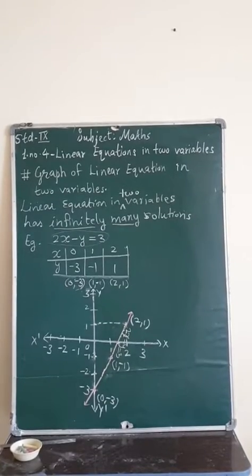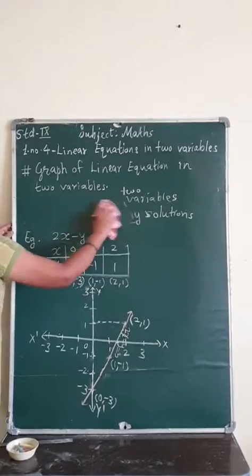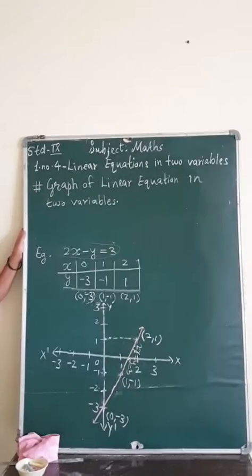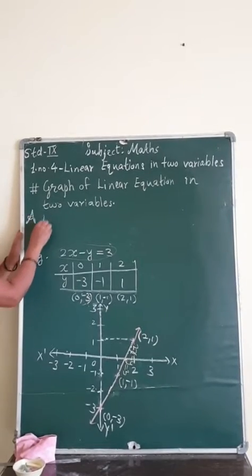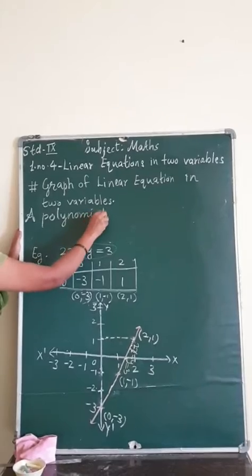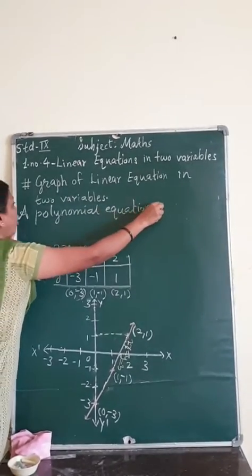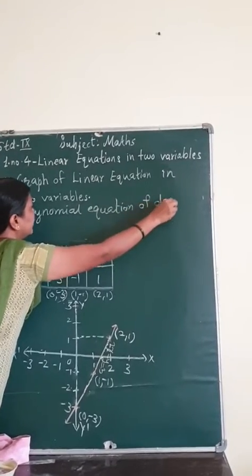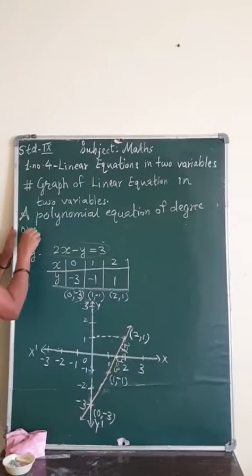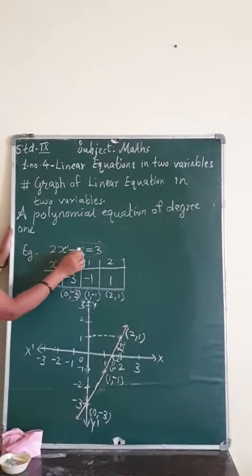So what we can say here is that a polynomial equation of degree 1 has the power of x and y always 1.